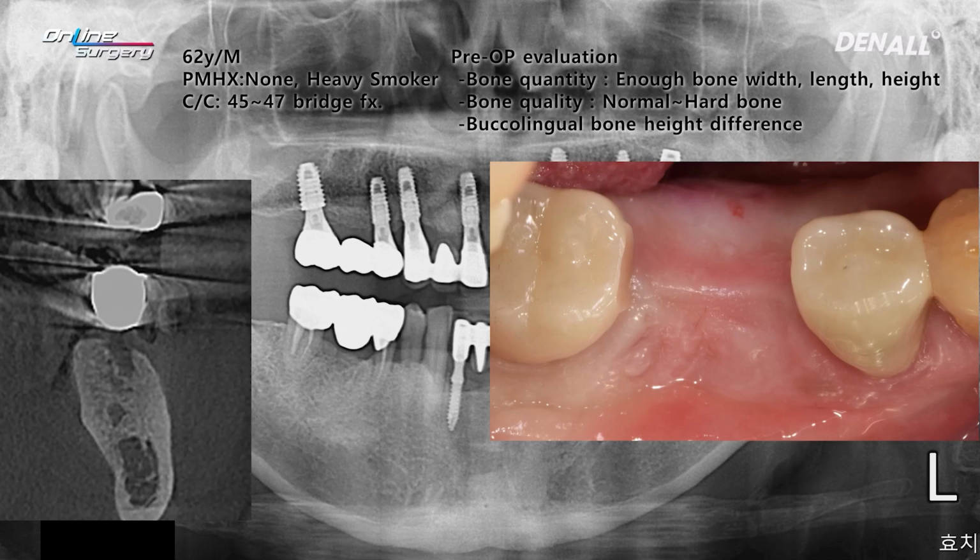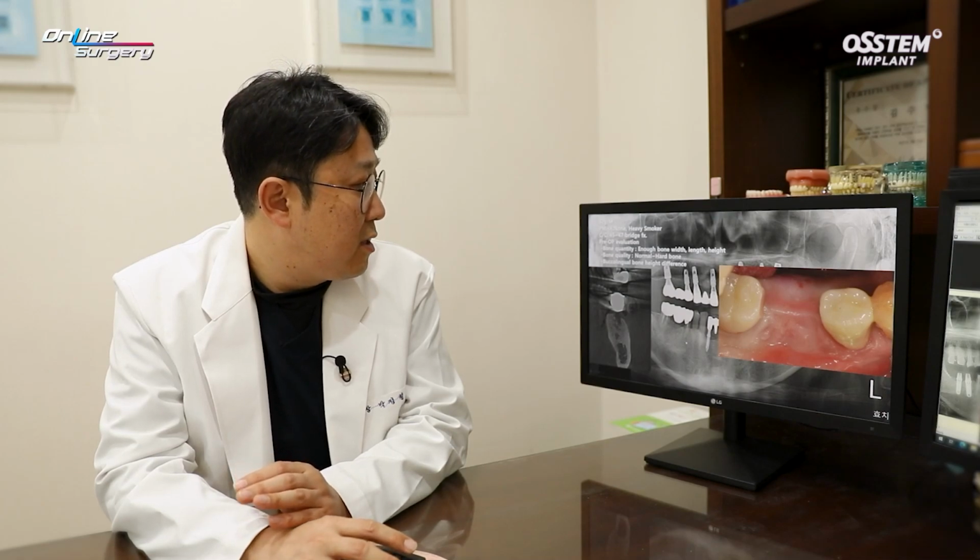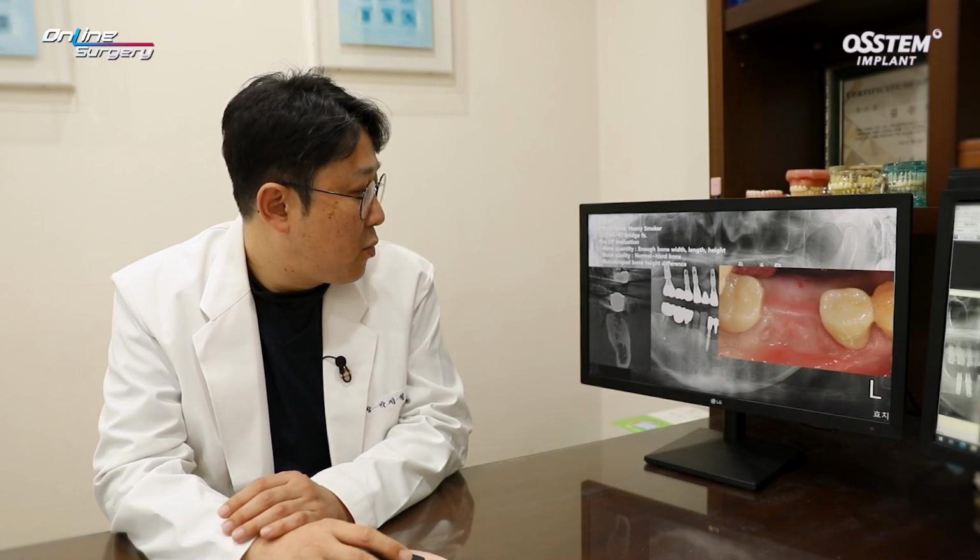Especially on panorama and CT, there was enough bone quantity in terms of the width, length, and height of alveolar bone, and there was enough distance to the inferior alveolar nerve.